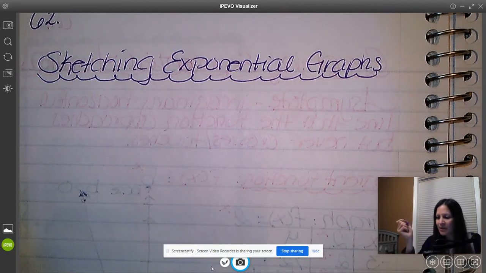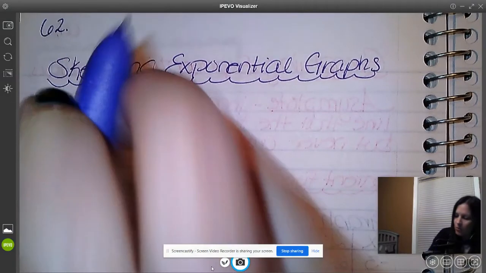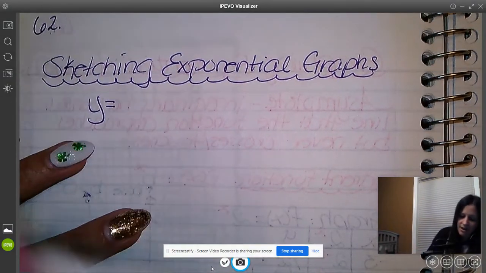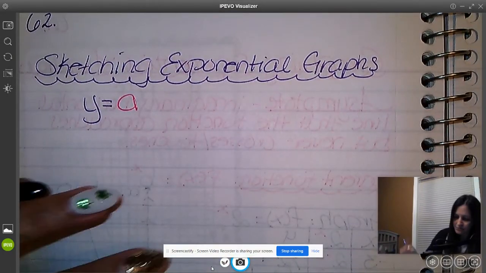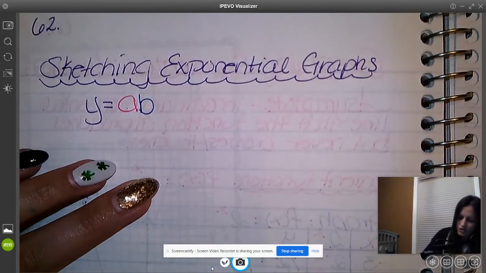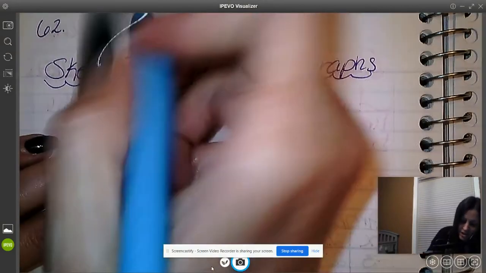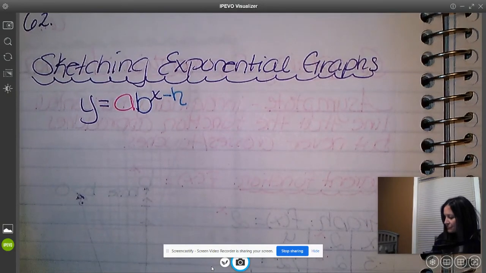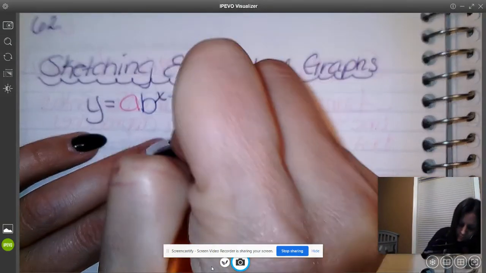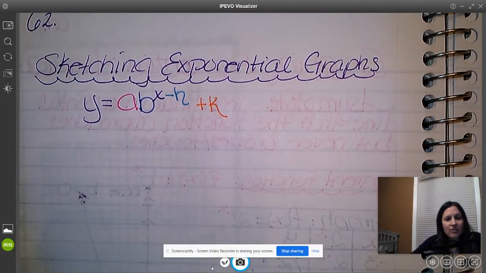So the general formula for an exponential function is y equals a b to the x minus h plus k. So that is the general basic formula for an exponential graph.